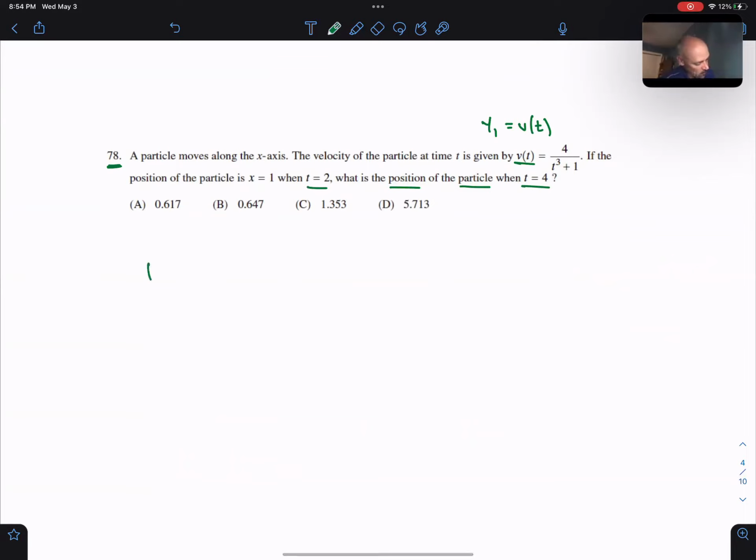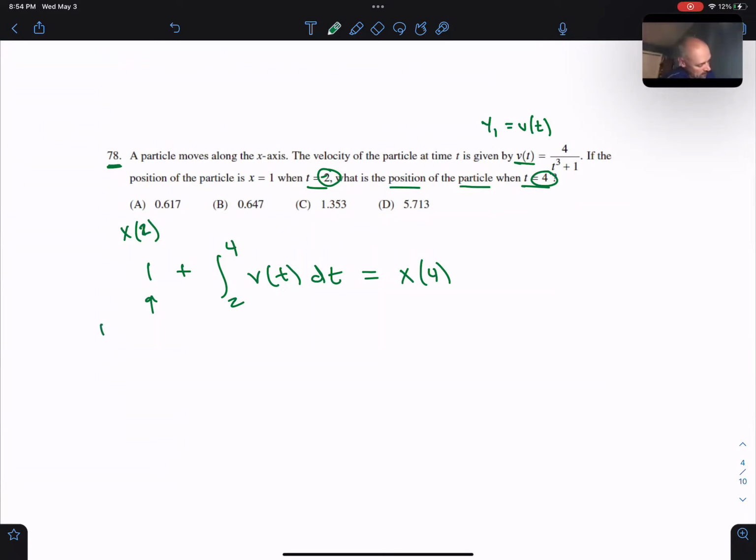So I'm going to have 1 plus the definite integral. My bounds are going to be my times 2 to 4 v of t dt, and that is going to give me the position of the particle at time 4. This one right here, that's the position of the particle at time 2.